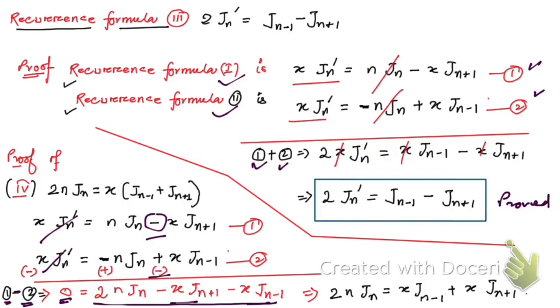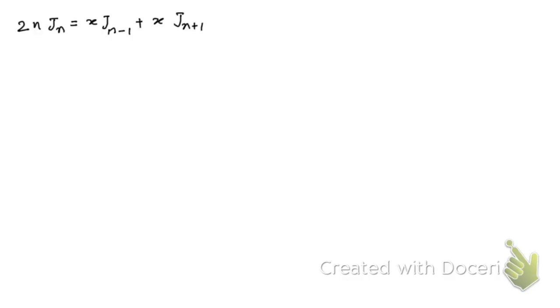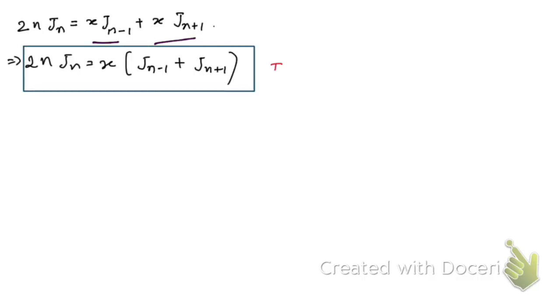So now let me copy this and go to the new slide. Here we can take this x common in order to obtain this formula, right? So let me go to the new slide. So here is the last step. Now let me take x common from these two terms, right? So here you see this is the recurrence formula number 4, proved.